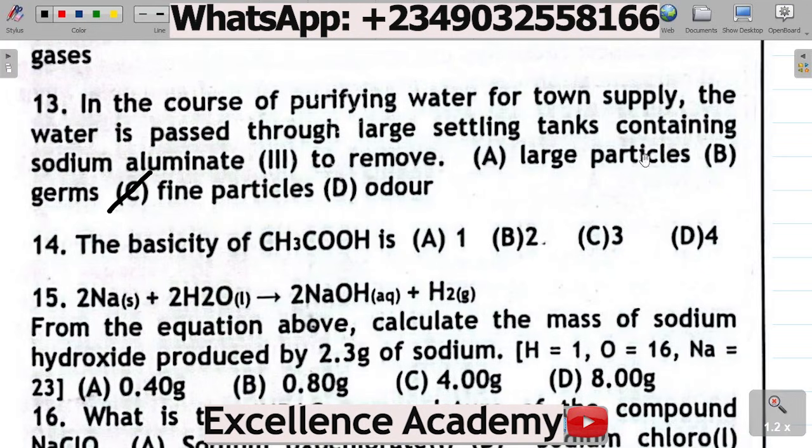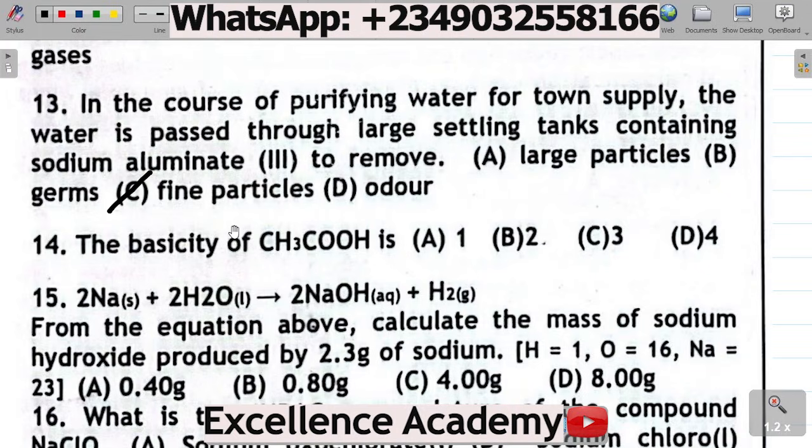Now, the purpose of sodium aluminate 3 is to help coagulate fine suspended particles. To coagulate fine suspended particles refers to the chemical process of causing tiny dispersed and often negatively charged particles known as colloids in a liquid such as water to neutralize their charges and stick together into large, denser, and heavier clusters called flocs or microflocs.